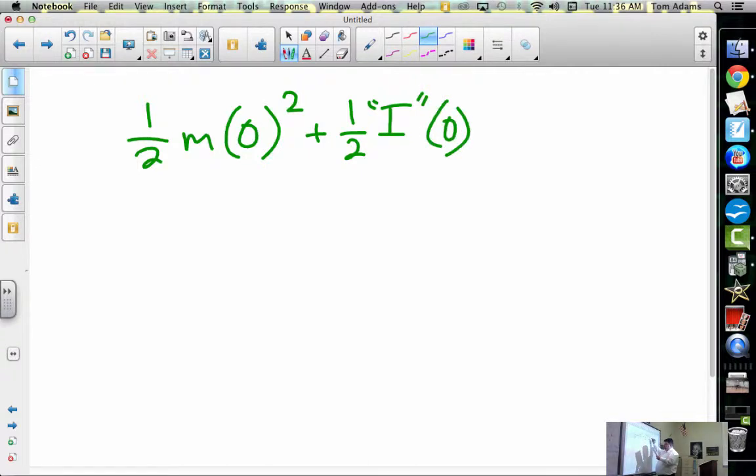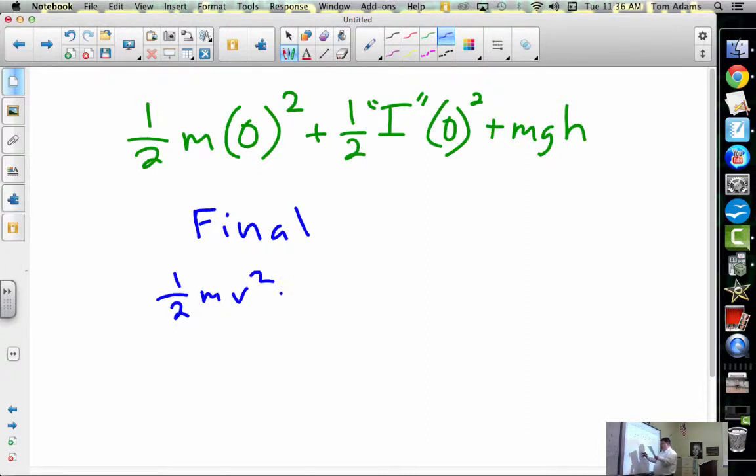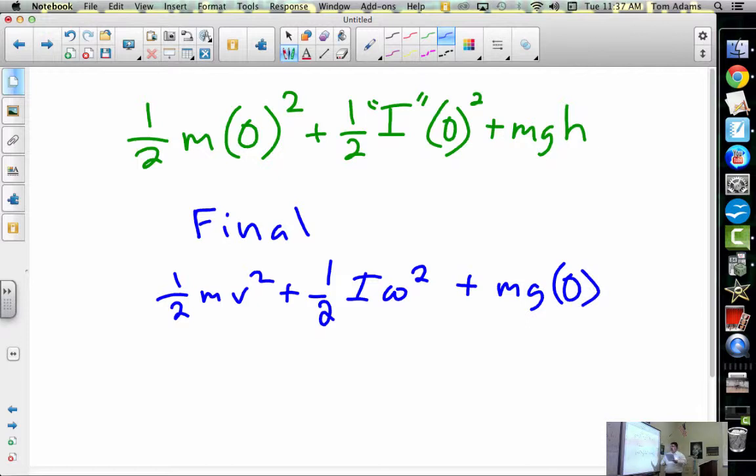Times omega squared, plus mgh. So that's the initial. And all that's going to be set equal to the final. So the final would be 1/2 times the mass times the velocity squared plus 1/2 times the moment of inertia times the angular speed squared plus mg of 0, right?